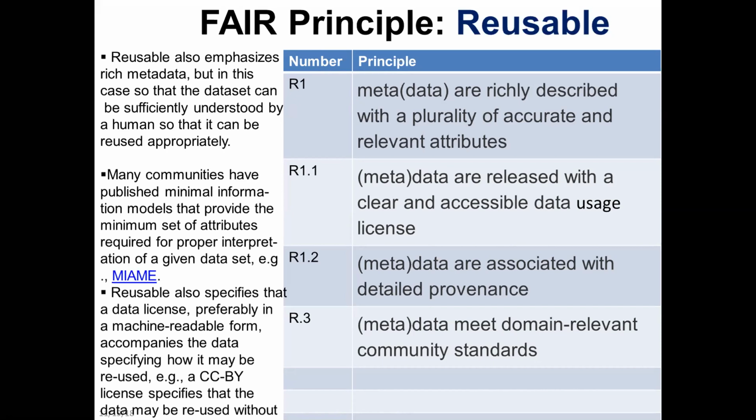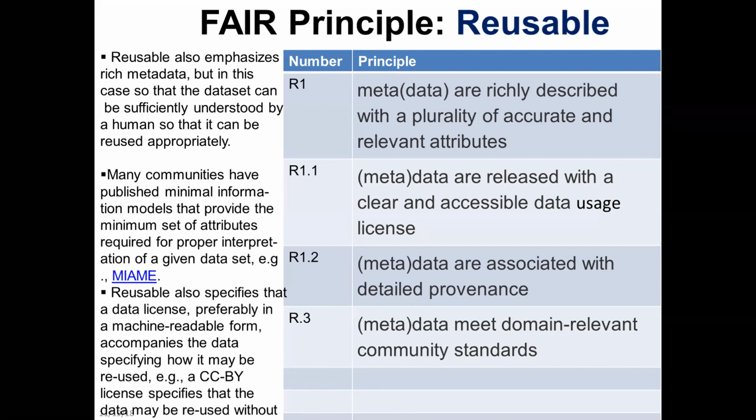And then R1.1, data are released with a clear, accessible data usage license. This is the license, even if it's free. They call it free, it's licensed, and so on. So, for example, if I make a presentation and I record it, the people have to take my consent if they want to publish this one, and sometimes it can be a free license, or sometimes, as we mentioned, a commercial one, with a commercial license.